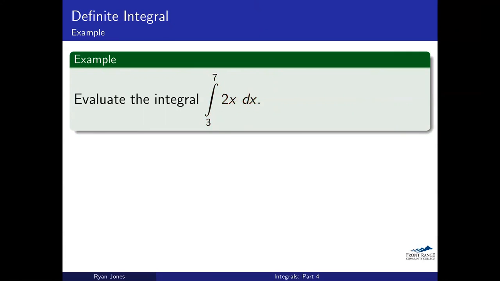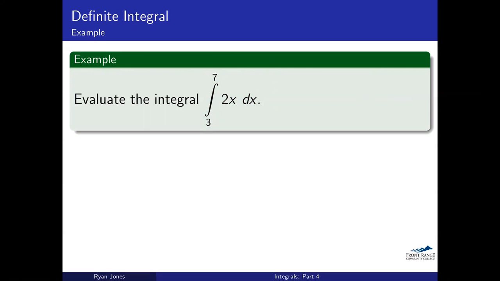You'll generally hear me say the integral of 2x from 3 to 7, just because when I say the integral of blank, I want that blank to be what I'm taking an integral of. So most of the time I won't say the integral from 3 to 7 of 2x. I'll say the integral of 2x from 3 to 7. A minor difference there. It's not really that important, but just explaining why I say it the way I do.